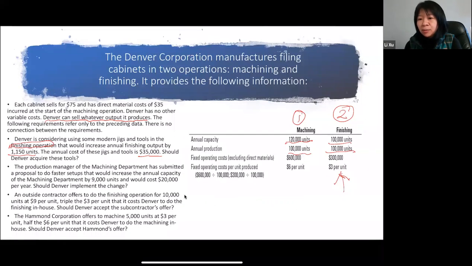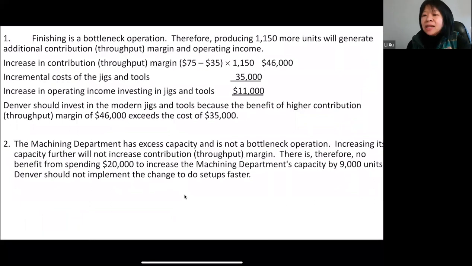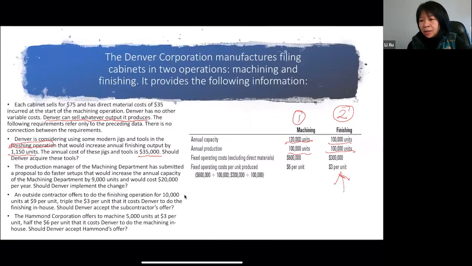So here I have some of the answers. Let's think about it. If you're going to produce 1,150 more, how is this going to increase the contribution margin? Let's take a look at it here. You sell at 75. Direct material is 35. You have no other variable cost. So the only cost that you have, look at this, is the fixed operating cost, which is already fixed.